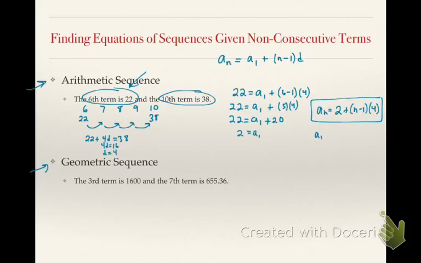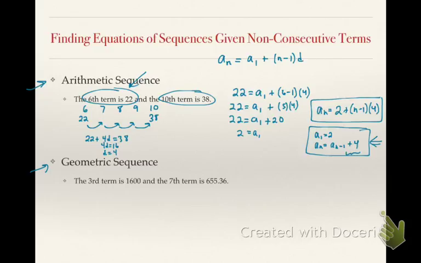I could say a1 is 2, and an is the previous term plus 4. The recursive form is actually pretty nice in a sense that it shows how it's arithmetic. You're adding forward to the previous term. That's what an arithmetic sequence is created by, adding the same number to each term to get the next term.